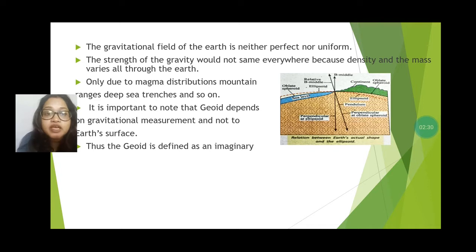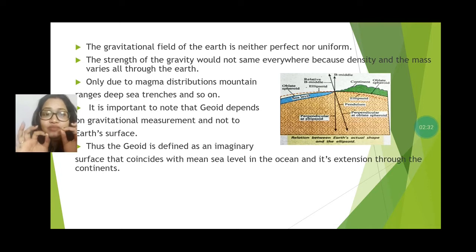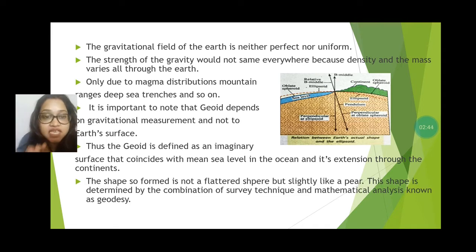That is why the geoid is defined as an imaginary surface that coincides with mean sea level in the oceans and its extension through the continents. The shape so formed is not a flattened sphere but slightly like a pear. This shape is determined by a combination of survey techniques and mathematical analysis known as geodesy.